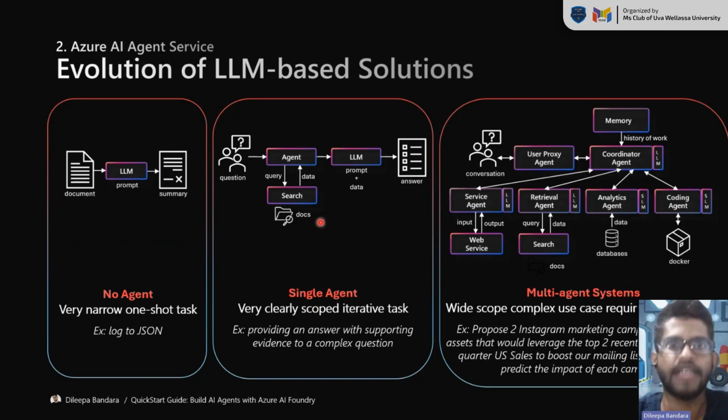We have single agent and also multi-agent systems. In today's session, we are not going to talk about multi-agent systems. It's actually much deeper than you think. So let's look at single agents. It's a very clear scope, an iterative task.